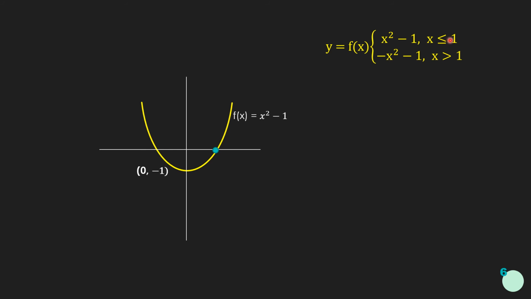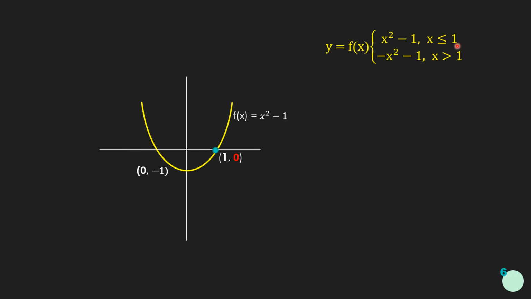As x equals 1, therefore y equals 1 square minus 1, that is 0. So the coordinates of this point will be (1, 0). The point (1, 0) will lie on the graph of the function.